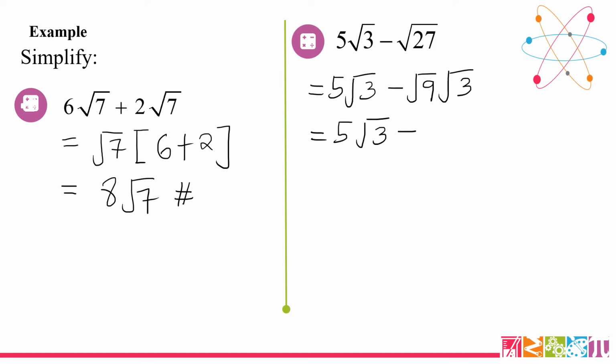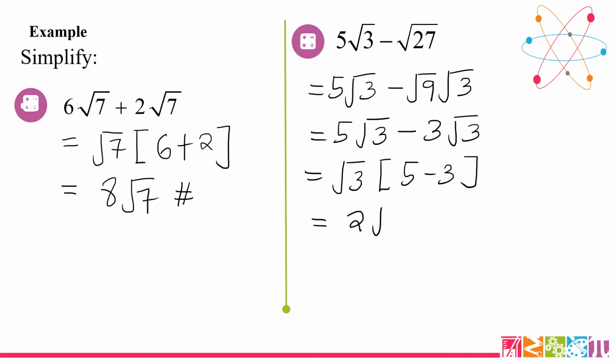Square root 9 is 3. Factorize root 3. Solve 5 minus 3. Final answer is 2 root 3.